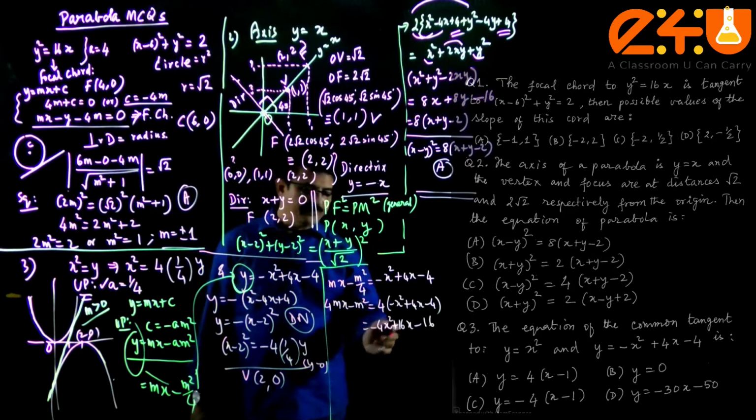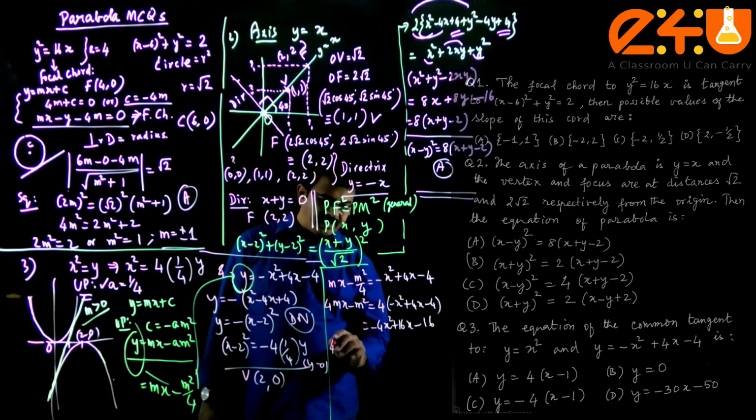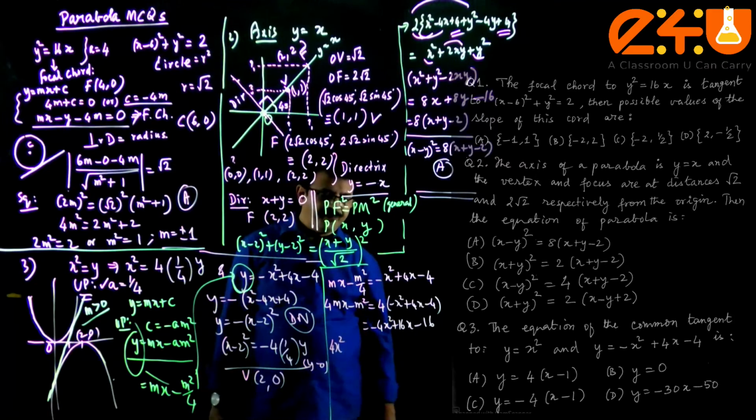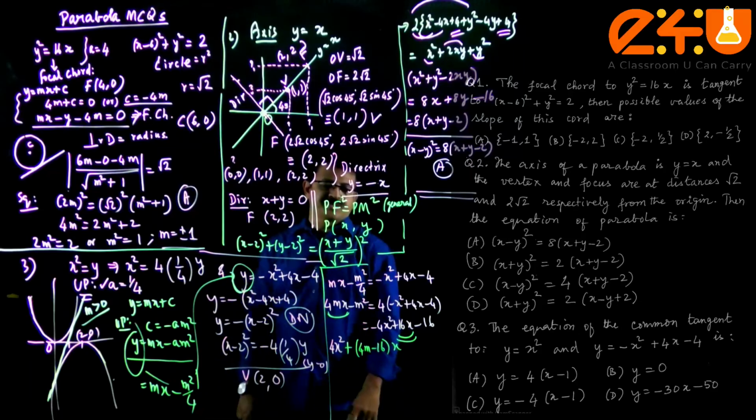Okay, collect all the terms on the left side. 4x squared, and there are 2 x terms, do you observe? 16 and 4m. So it is 4m minus 16 of x.